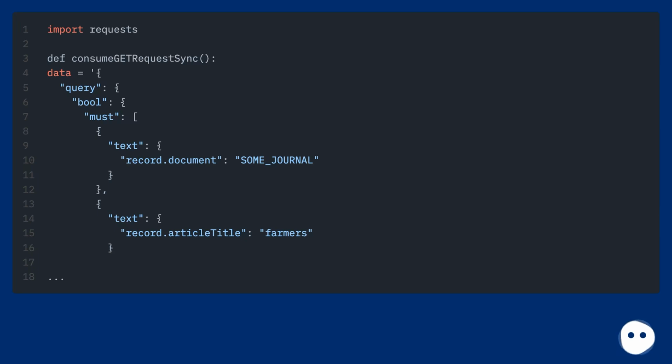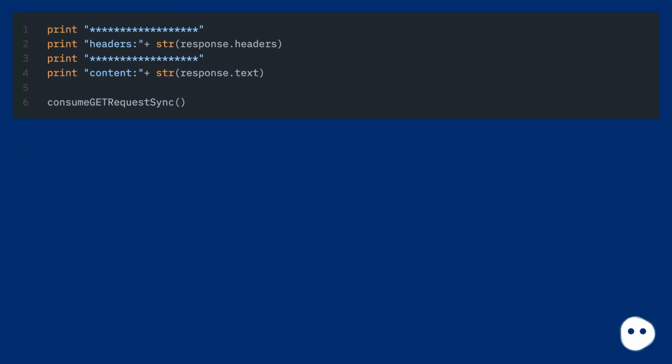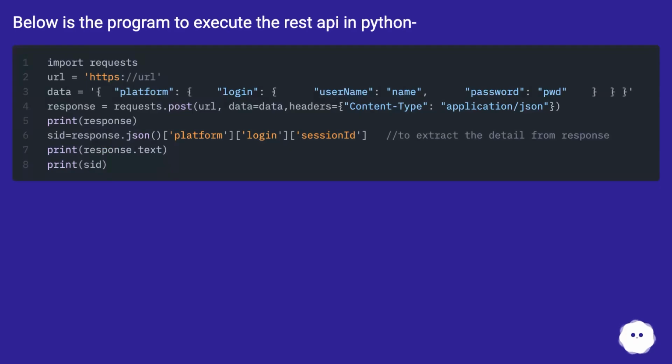Sample call with requests. Below is the program to execute the REST API in Python.